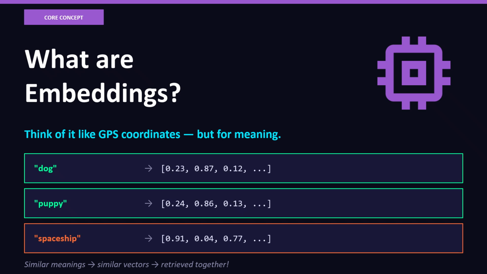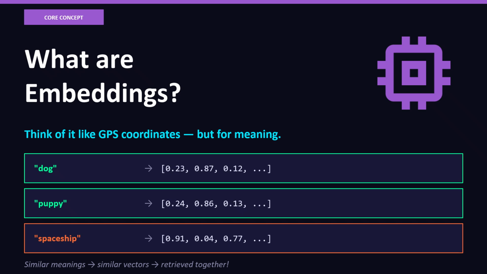But spaceship, totally different: 0.91, 0.04, something. Why does this matter? Because when you ask what's the policy on pets in the office, the system finds chunks that are semantically close to your question, not just keyword matching, understanding. That's the real superpower here.